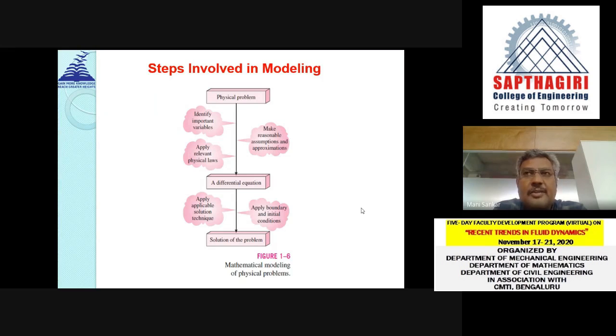And any differential equation cannot be solved without initial or boundary conditions. So we have to choose appropriate supplementary conditions, which are the main crux of any problem, and then we find the solution. So this is the flow chart involved in mathematical modeling.